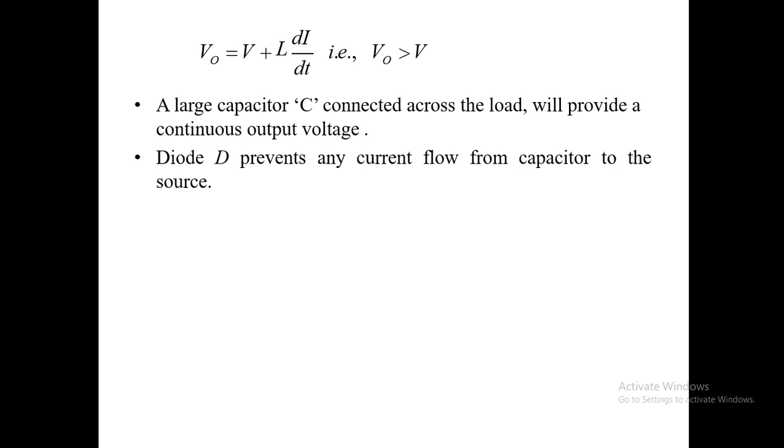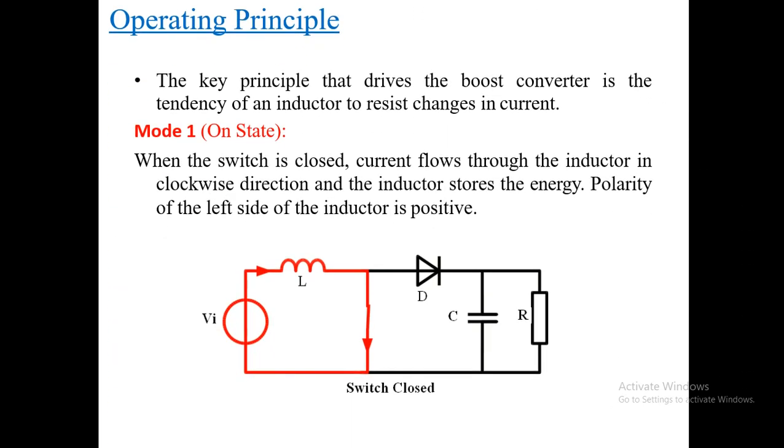Here we are using a large capacitor connected across the load, which will provide a continuous output voltage, and the diode prevents any current flowing from the capacitor to the source. These two are the mode 1 on state operation.